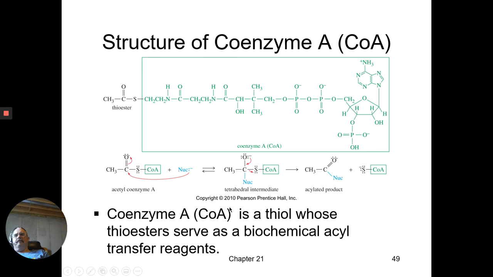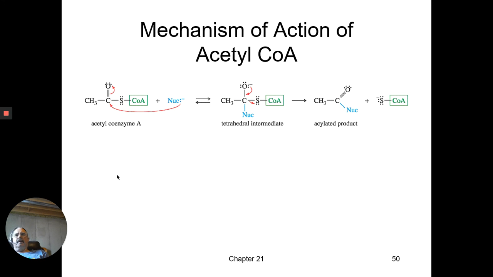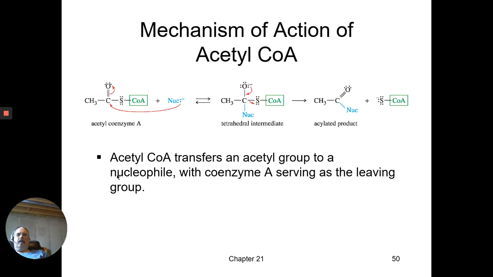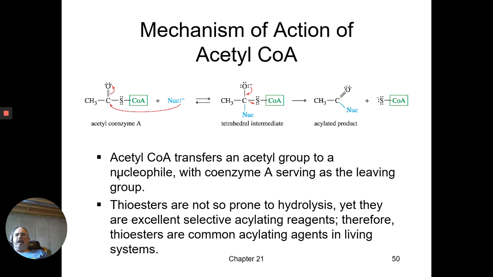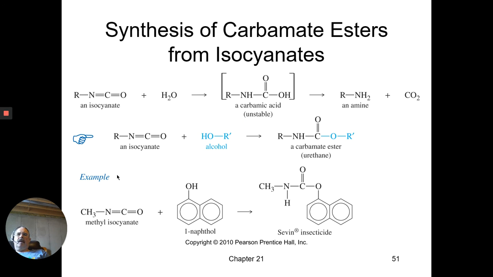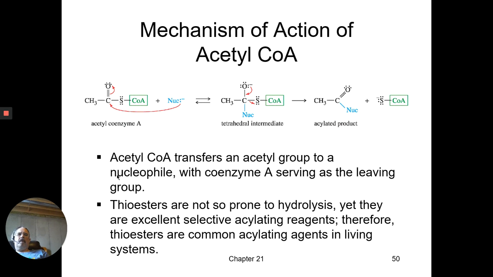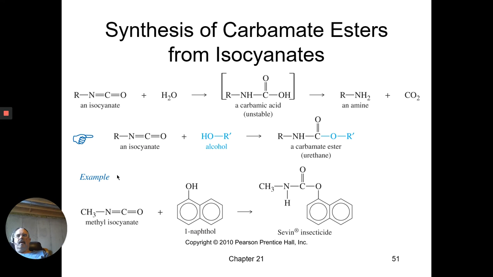And so this reaction serves to transfer an acetyl group to a different molecule. And this is very, very important biochemically, to be able to transfer acyl groups.